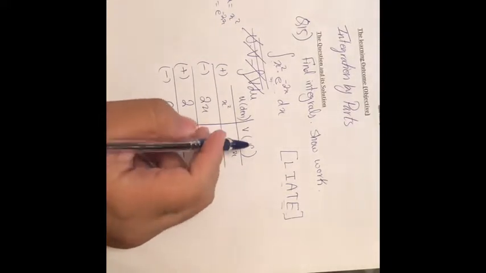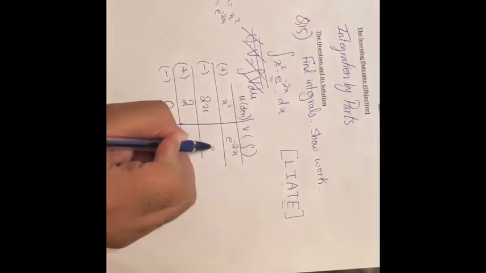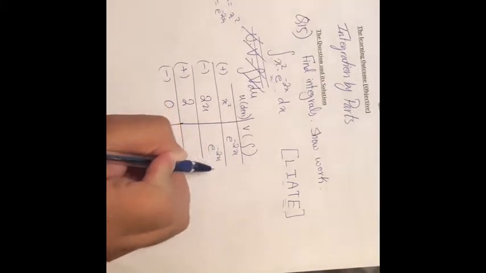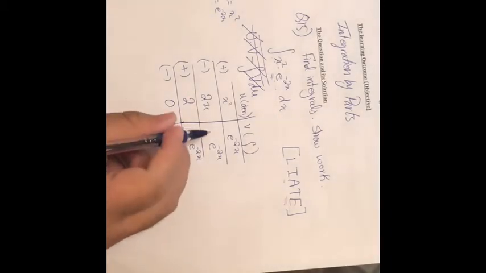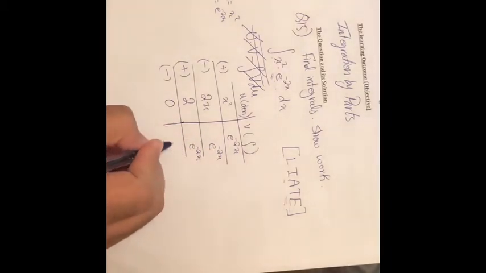And now let's do the integration of the e power minus 2x. First, every time put itself, and then we'll play with the number which is here.